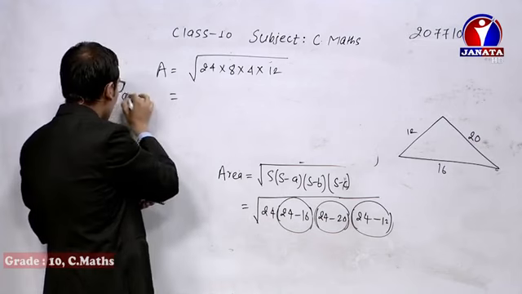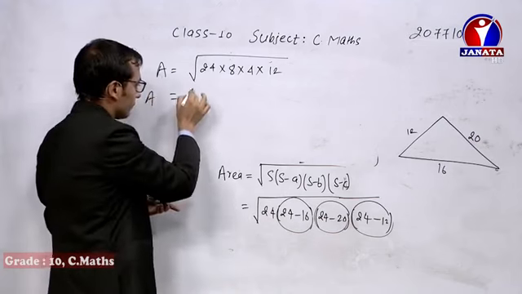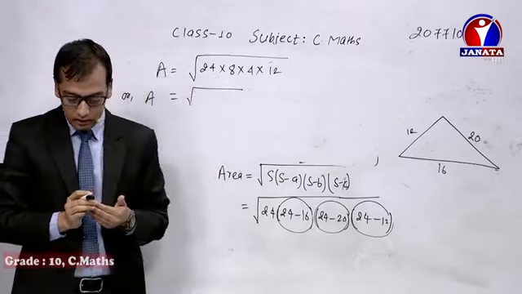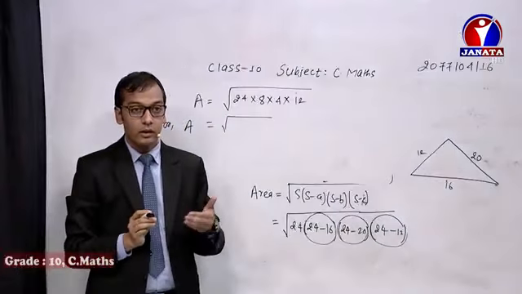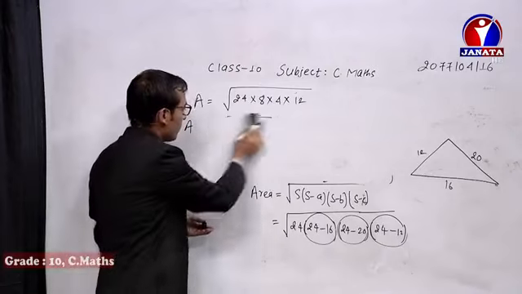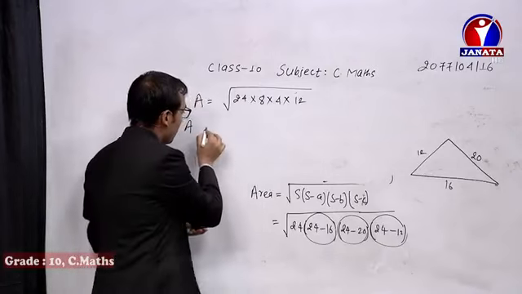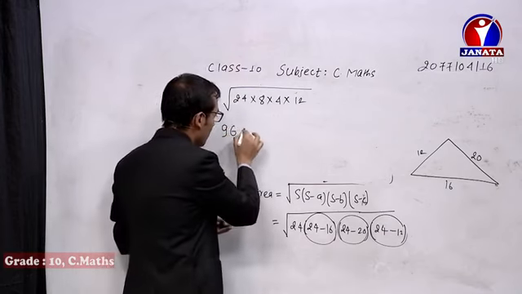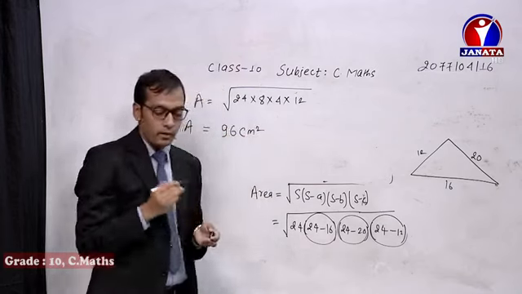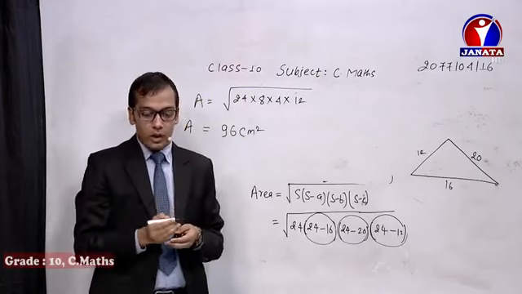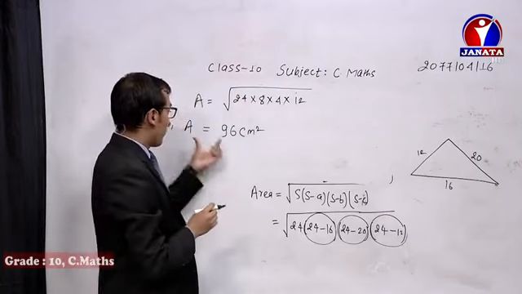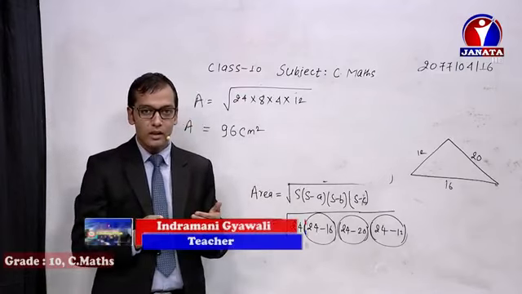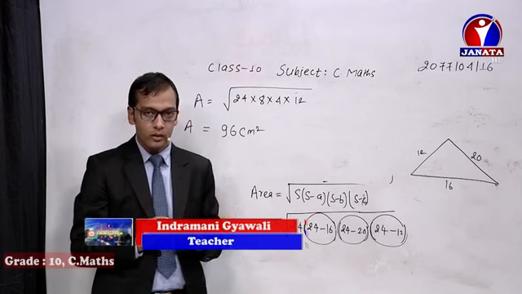Okay, so this is equal to, let's multiply this and get the result. Area of this scalene triangle is, it gives 96. What is the unit? Square centimeter. So area of this scalene triangle is 96 centimeter square.